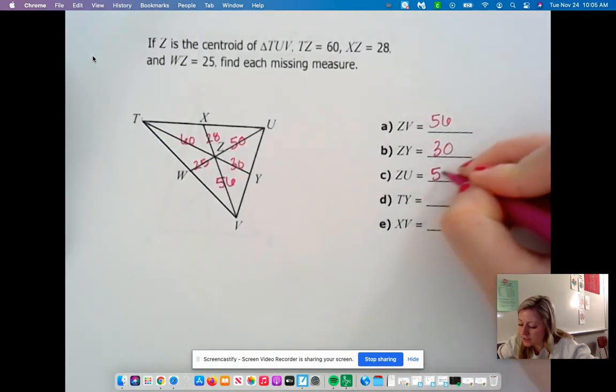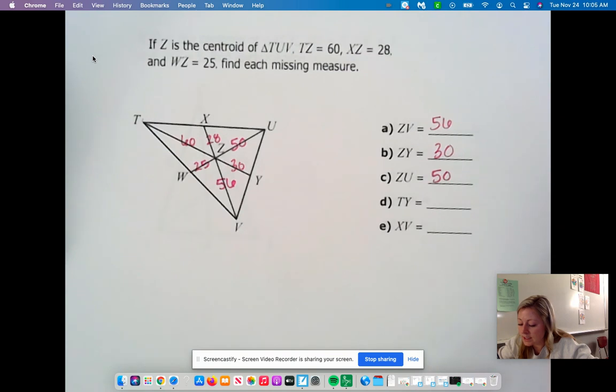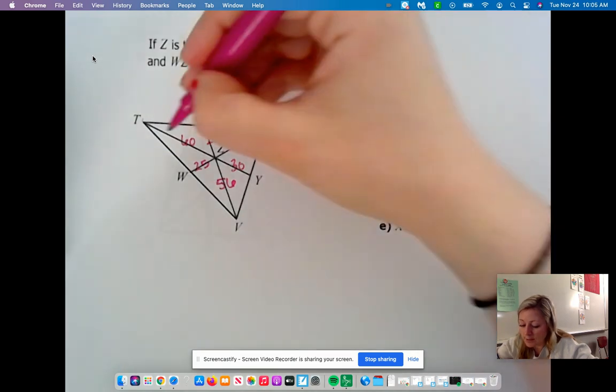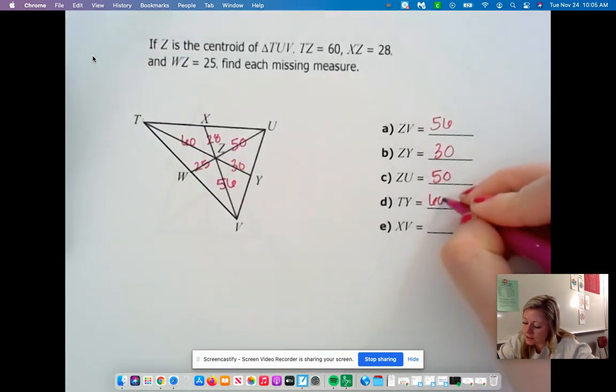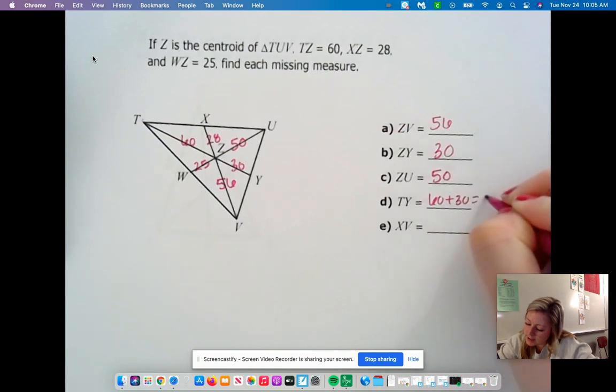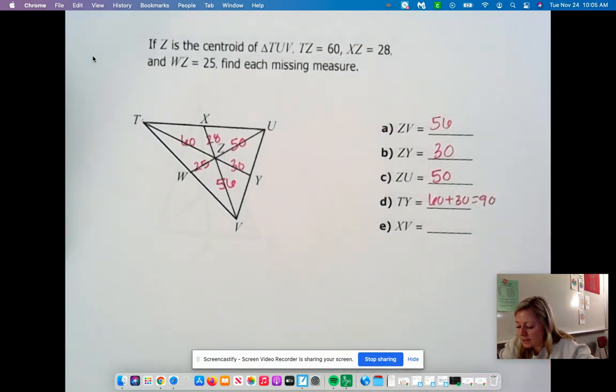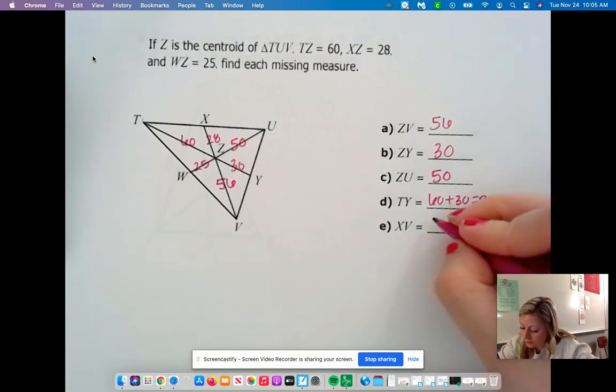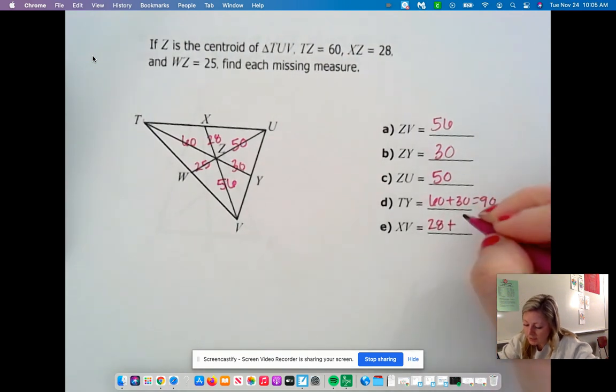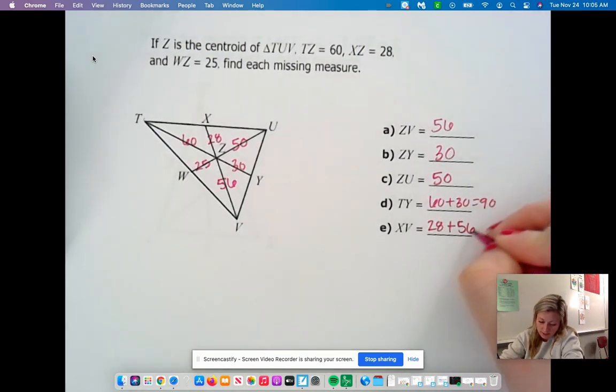ZU is 50. TY, add them together, 60 plus 30 gives us 90. And XV, again, we're going to add them together, 28 plus 56 gives us 84.